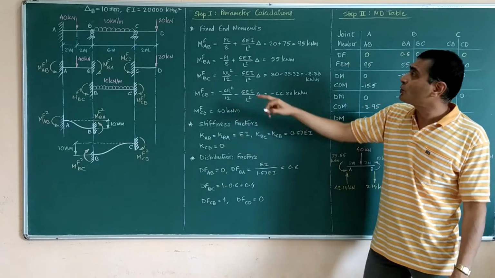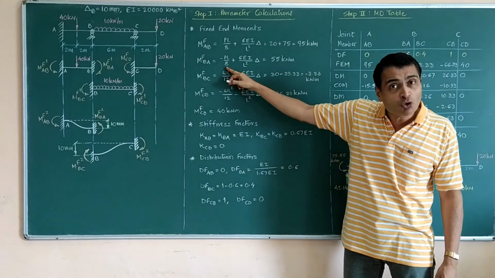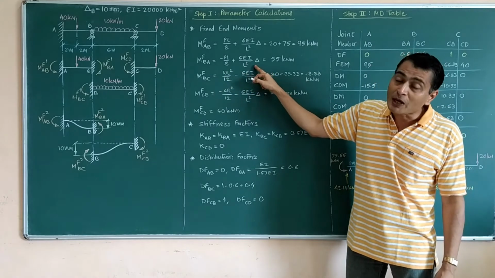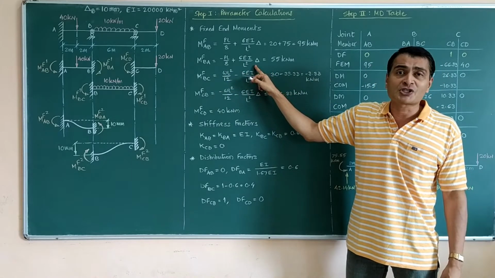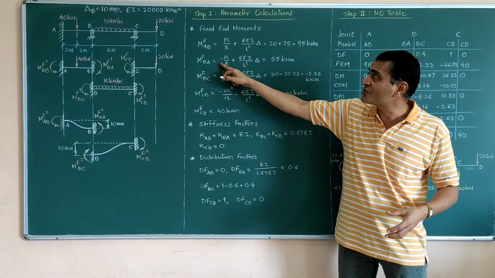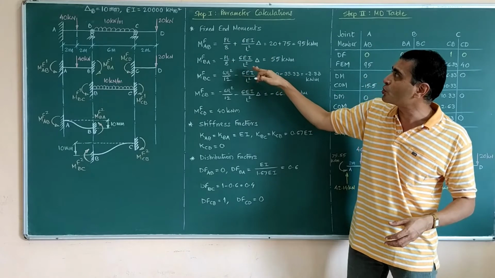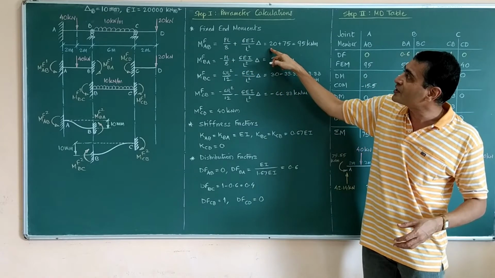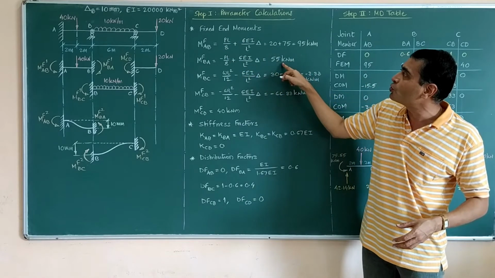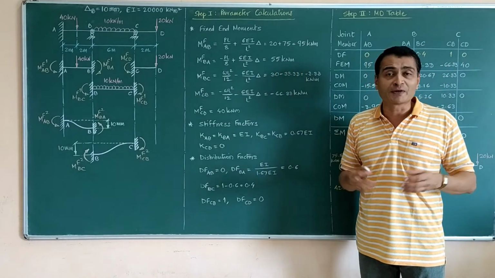So in my calculations you are observing MFBA is equal to negative PL upon 8 plus 6 EI upon L square into delta, that is anti-clockwise is positive, clockwise is negative. Obviously the calculation remains same on substitution. So here I will get minus 20 plus 75, which is reducing to 55 kilonewton meter.